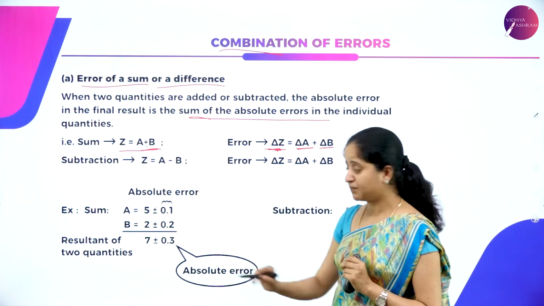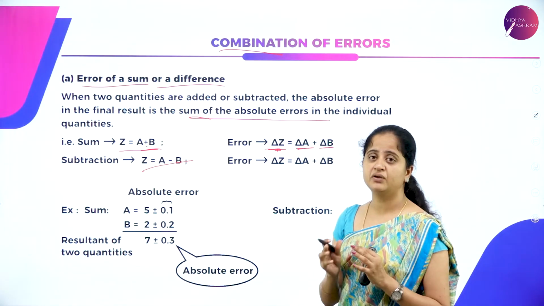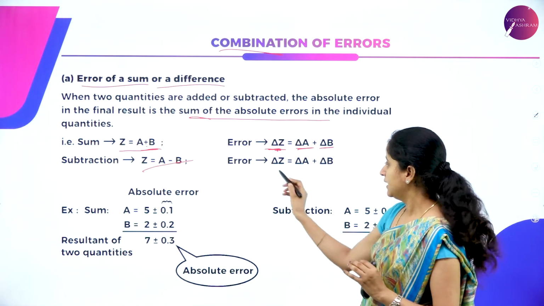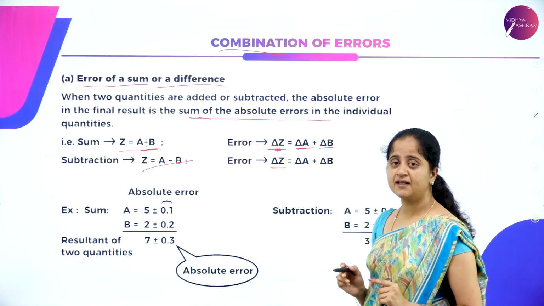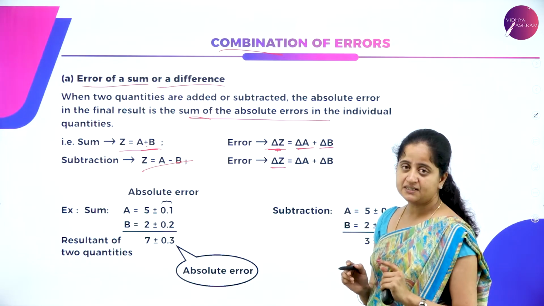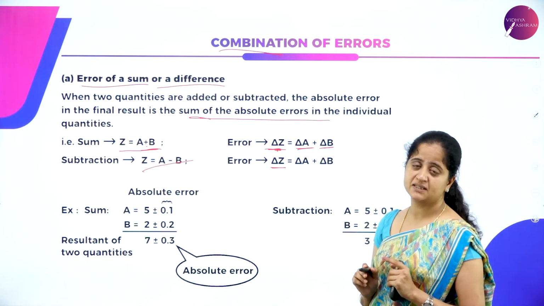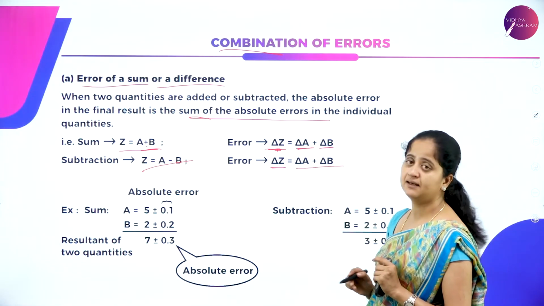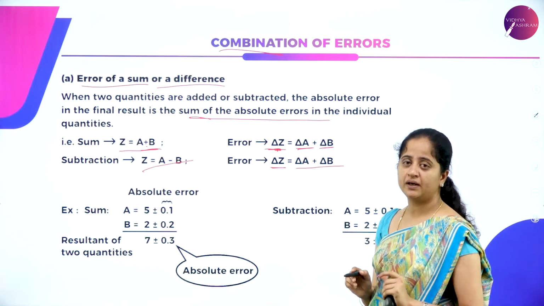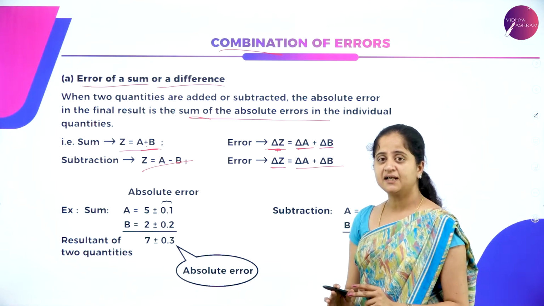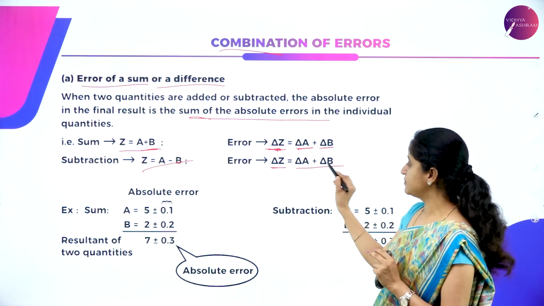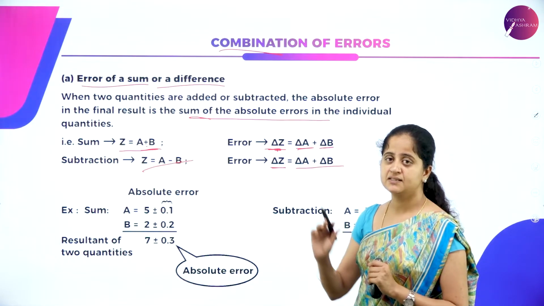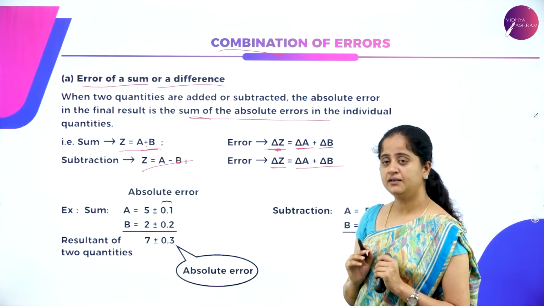Yes, even in subtraction, for example, Z is equal to A minus B, we are subtracting the two quantities A and B, and delta Z is the absolute error present in the final result, which can be calculated by adding the absolute errors of the two quantities. Though we are subtracting, we need to add the absolute errors of the individual quantities, and that is called the error of a sum or a difference.